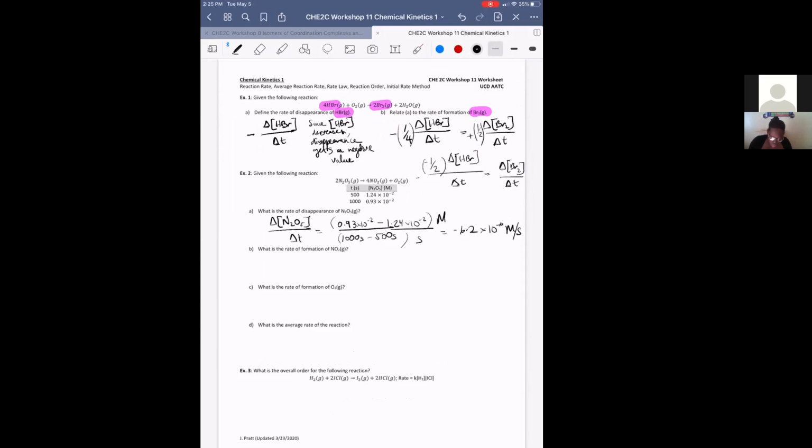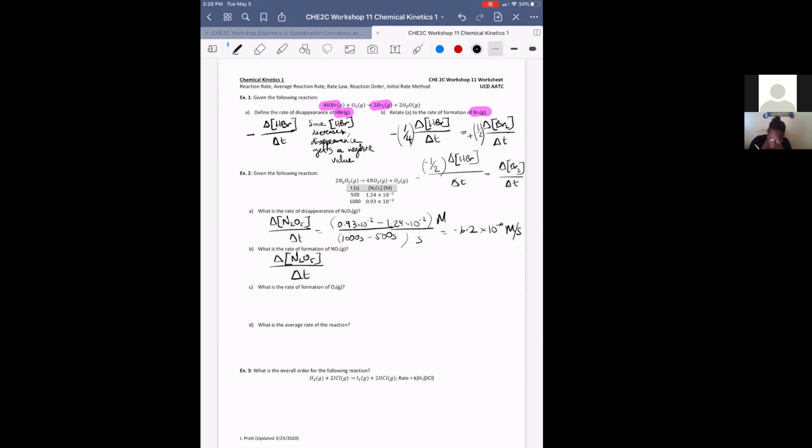If we wanted the rate of formation of NO2, we can use the information that we have from the rate of disappearance of N2O5 to figure that out. So now we want to use our formula for N2O5. For our change in the concentration of N2O5, we'll divide that by the change in time.